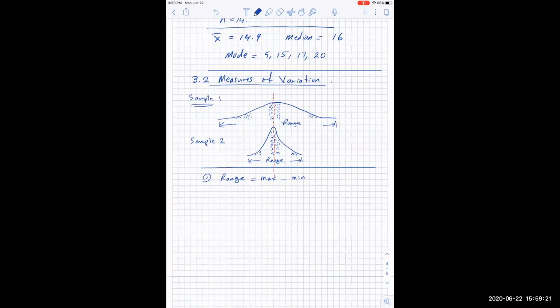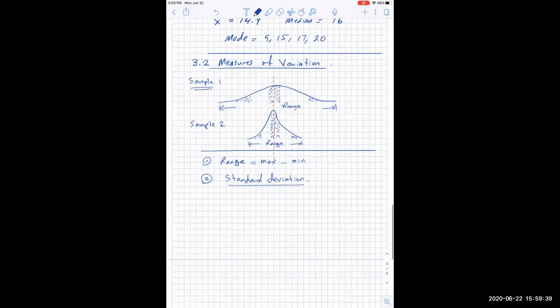And the second one is called the standard deviation.